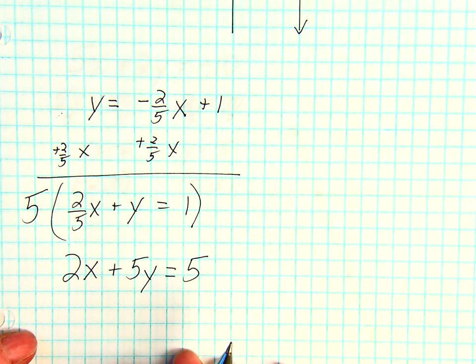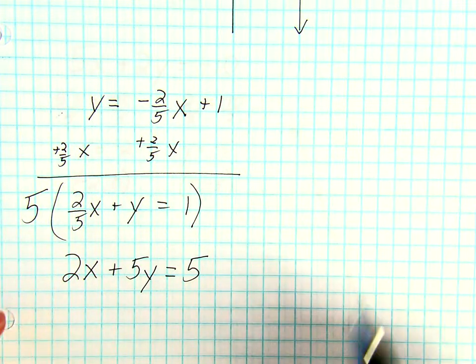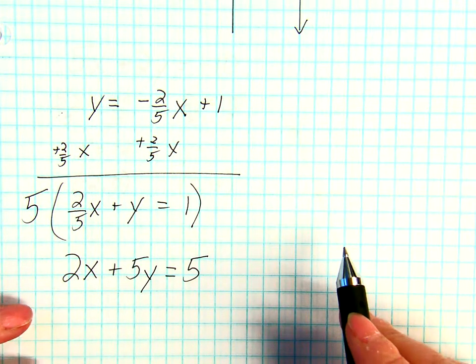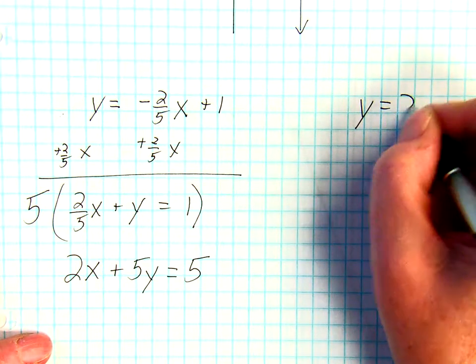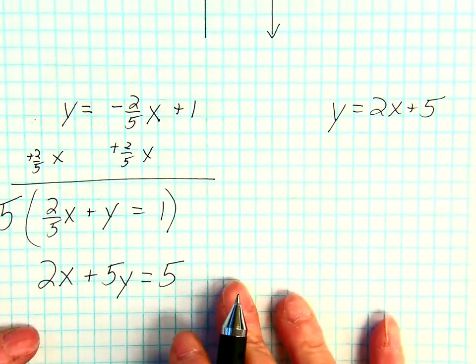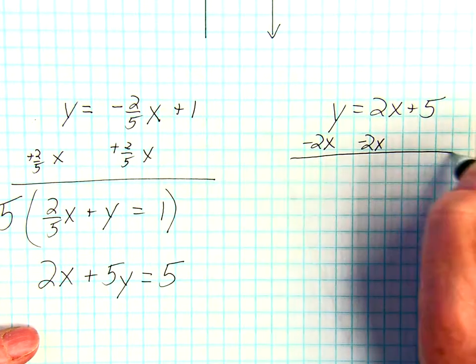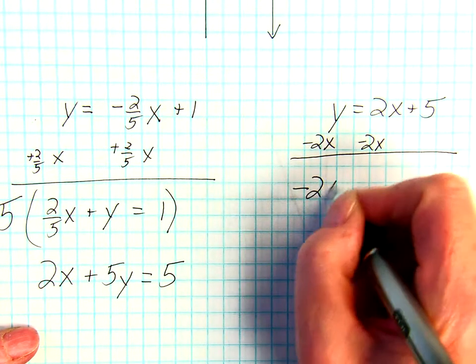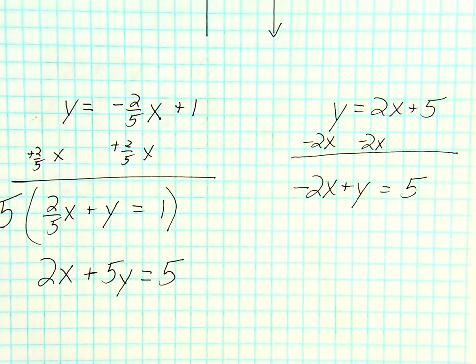If we look at another problem, it will be y equals 2x plus 5. A little simpler. I'm just going to move the 2x. This gives me -2x plus y equals 5, and I am actually done at this point.